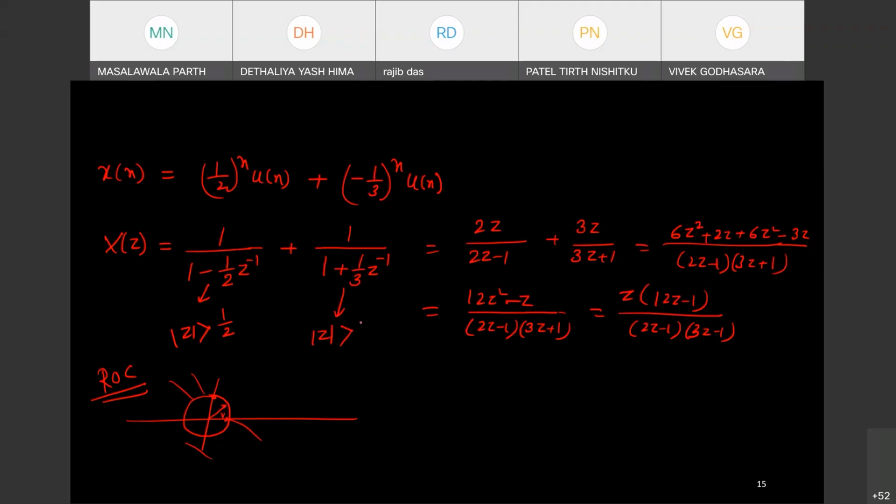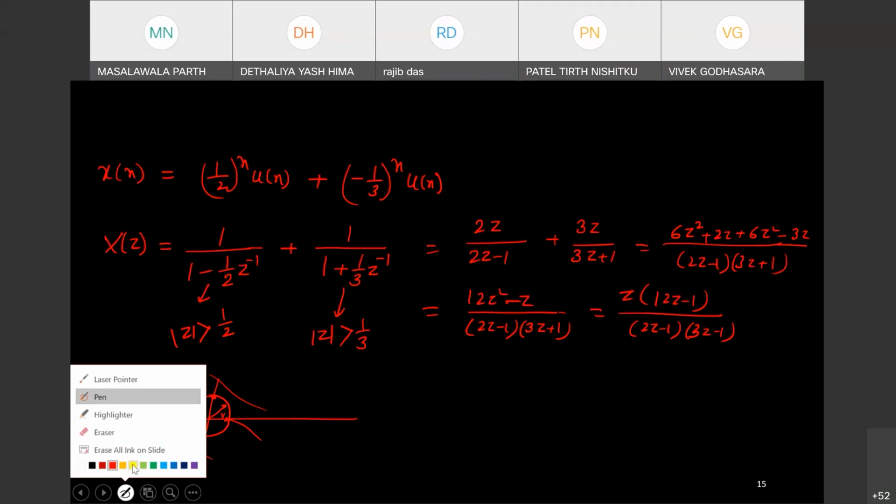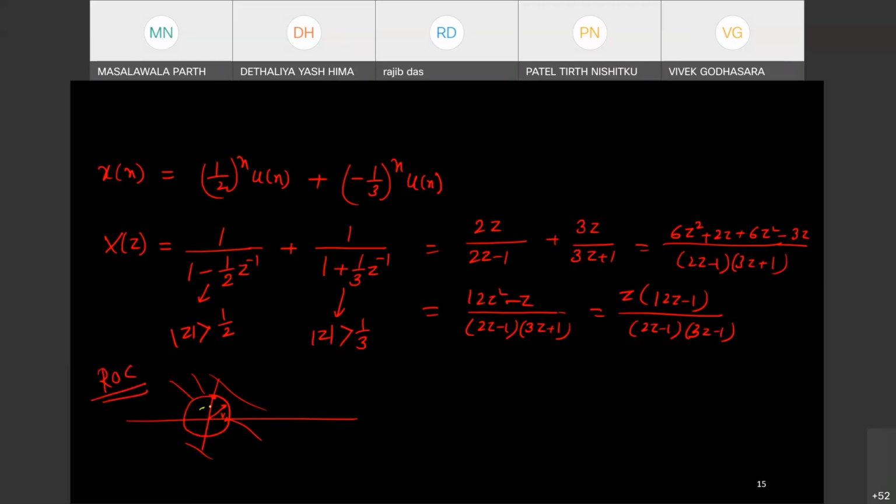Here mod of 1 upon 3 is 1 upon 3, and 1 upon 2 and 1 upon 3. 1 upon 3 is less. So I think that we can draw here. So that could be like this. Okay. And it shows that it should be this side. So beyond this.